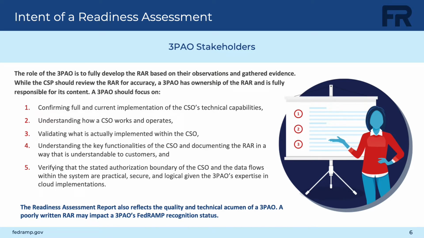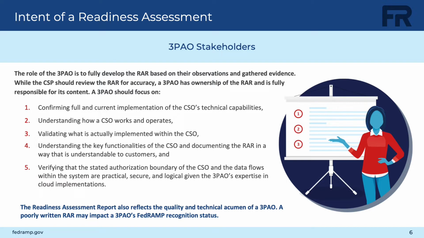The role of the 3PAO is to fully develop the RAR based on their observations and gathered evidence. While the CSP should review the RAR for accuracy, a 3PAO has ownership of the RAR and is fully responsible for its content. In the RAR, a 3PAO documents and validates a CSP's full implementation of the technical capabilities needed to meet the FedRAMP security requirements.